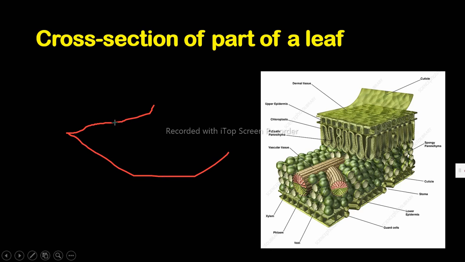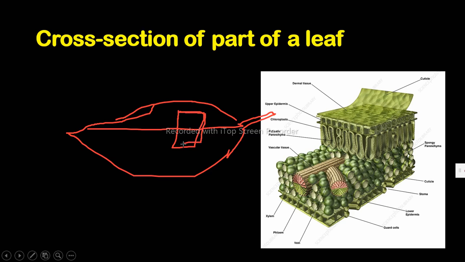I think, okay, something like this. So if this is my leaf, and I cut it from somewhere here, like this, and I get this piece and mount it maybe on a microscope, I'll get this.